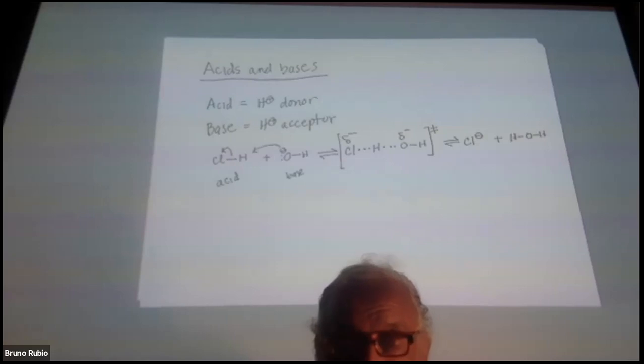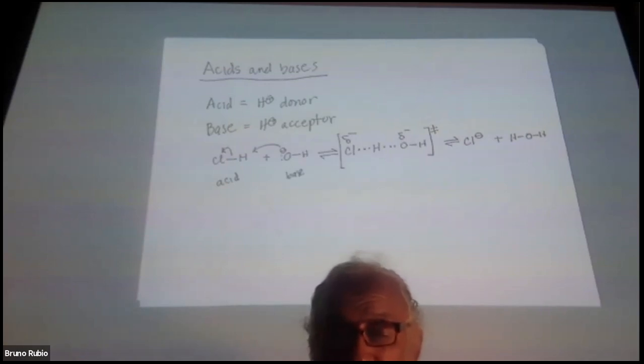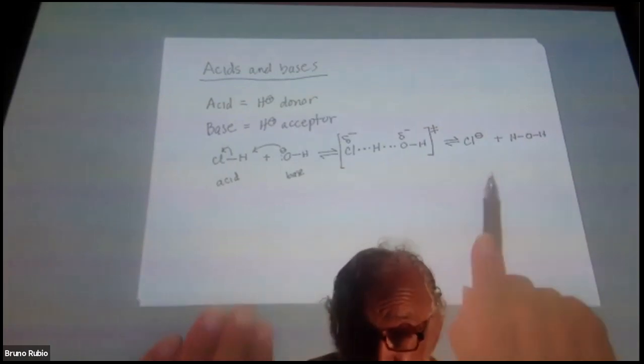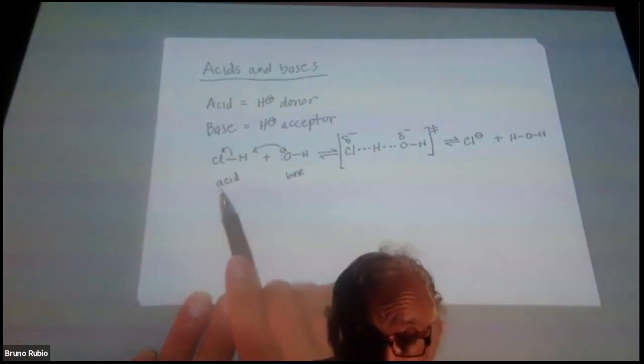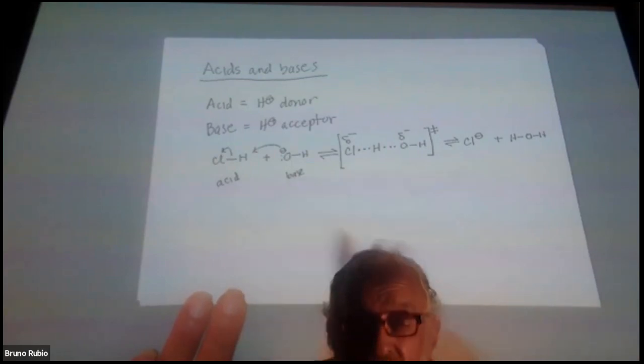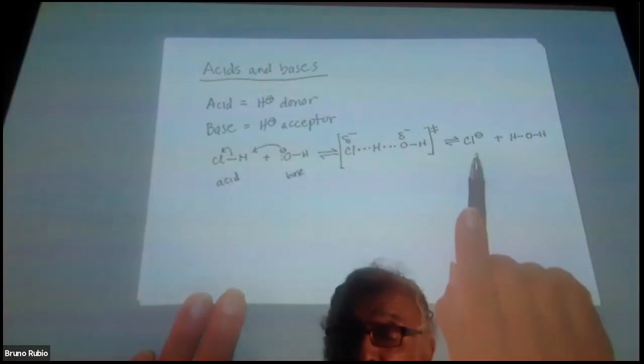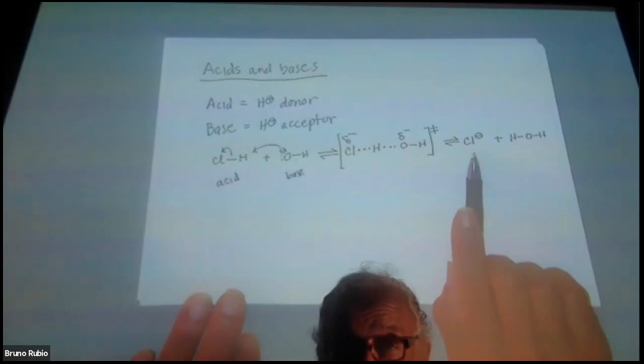All right, a couple of things to notice about this reaction is that I have been careful to specify equilibrium arrows because the acid-base reaction is an equilibrium process. So in the forward direction, HCl was the acid, OH minus was the base, but we have to remember these acid-base reactions are equilibrium processes.